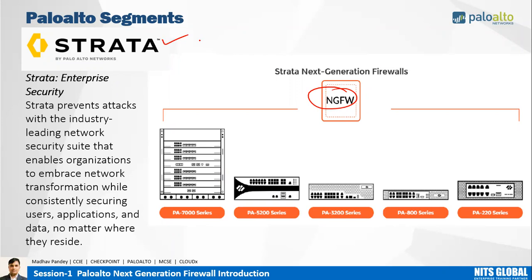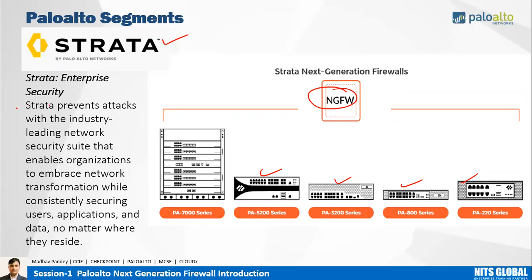Again I repeat, on-premise product lines come under Strata. That means you want to buy a firewall and deploy it into your network edge or network border. Those all firewalls you are buying, right? Like just now I explained to you about various different series. So these all product lines come under the Strata category, Strata segment.